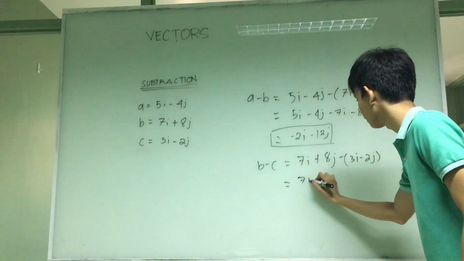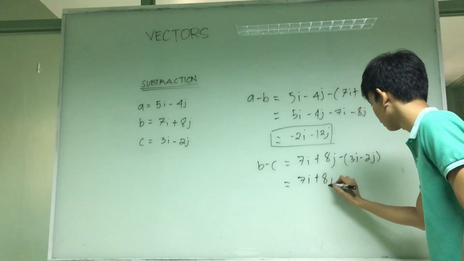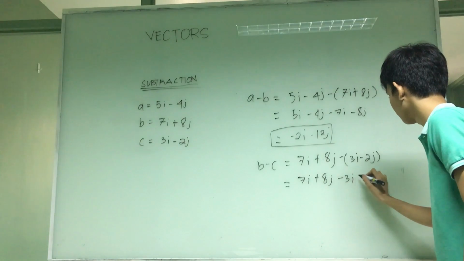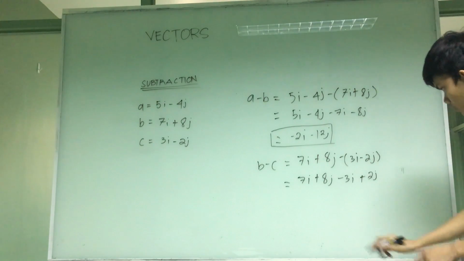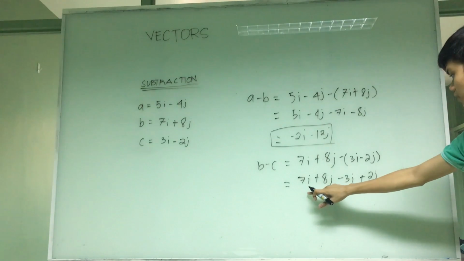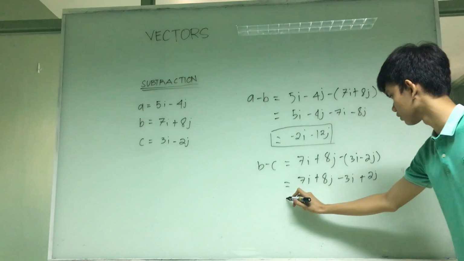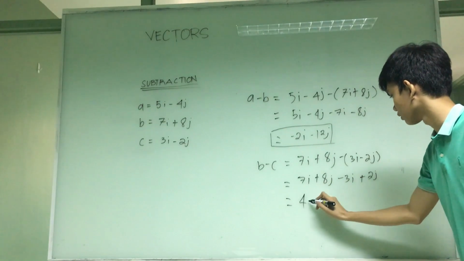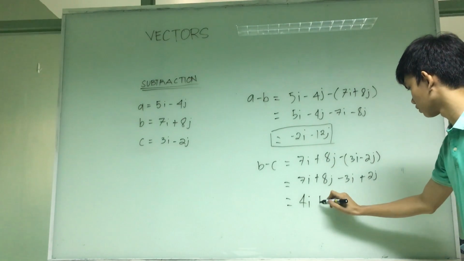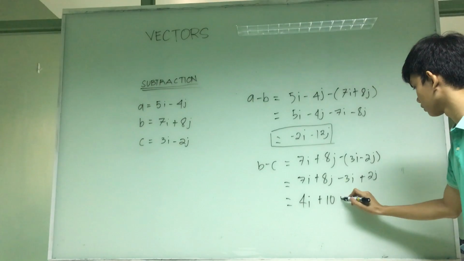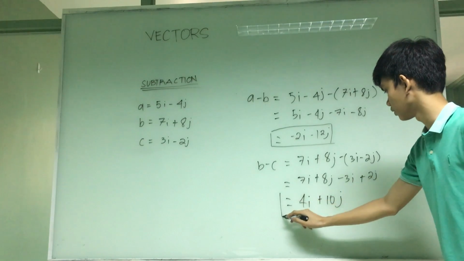So 7i plus 8j minus 3i plus 2j. Negative times negative. So subtract like terms, 7i minus 3i is 4i. 8j plus 2j is 10j. So this is our B minus C.